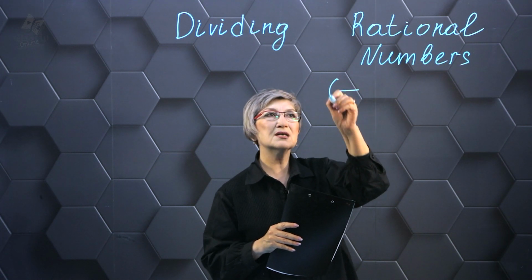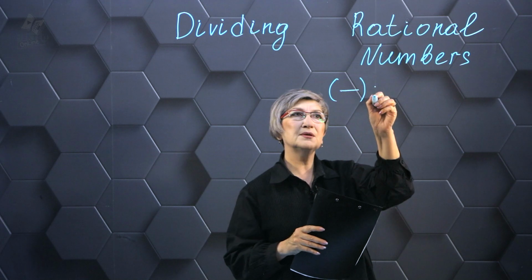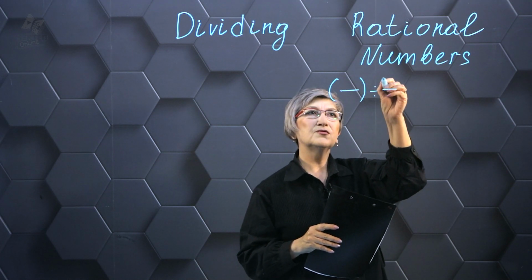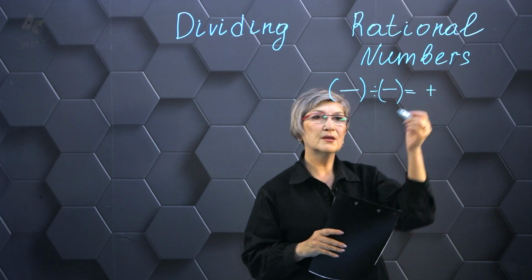If we need to divide two numbers with the same signs, the result will be a positive number. I want to draw your attention to the fact that if you have written down division in this form in the example, then when you divide two numbers with the same signs, you get a positive number.